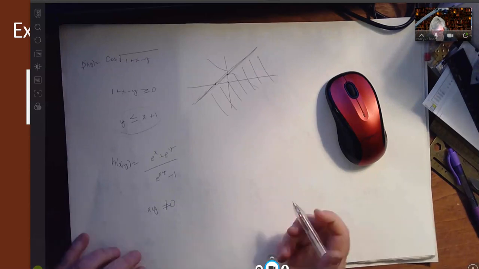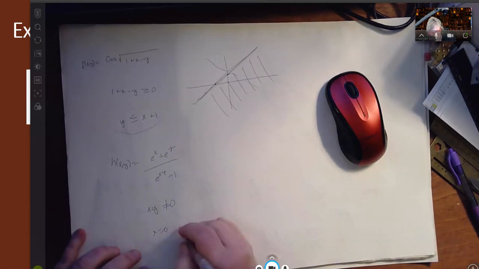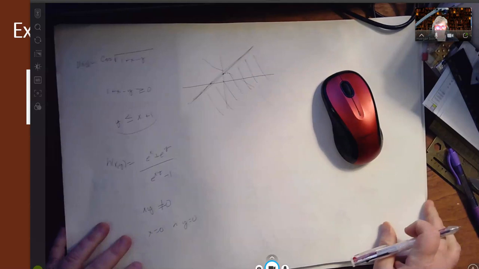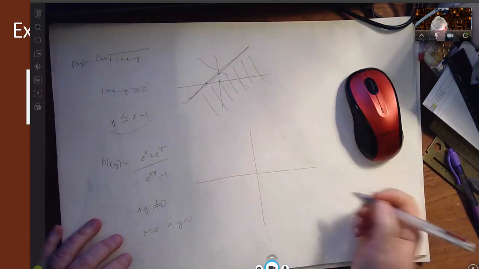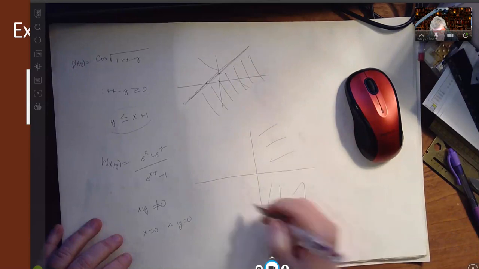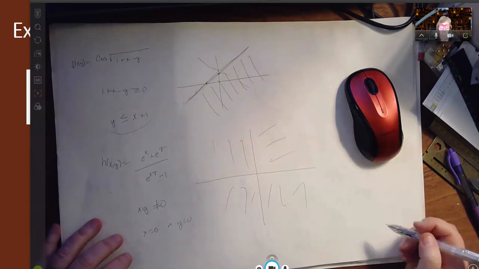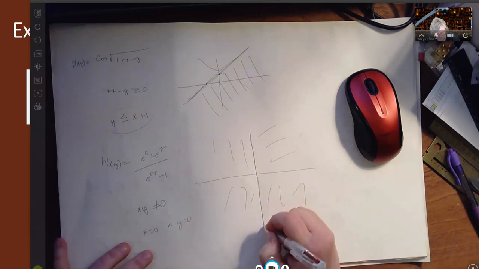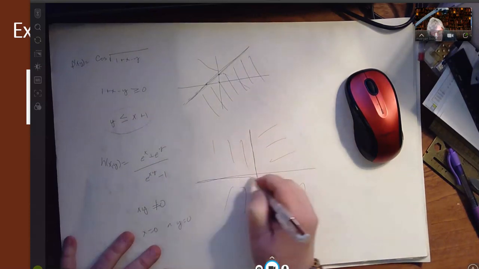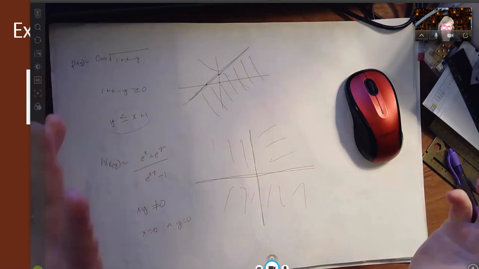Well, the only time it's going to equal 0 is when x equals 0 or y equals 0. The domain of this function is everything except for the xy axis. This is where x is equal to 0, and this is where y is equal to 0. So we have to toss those points out.